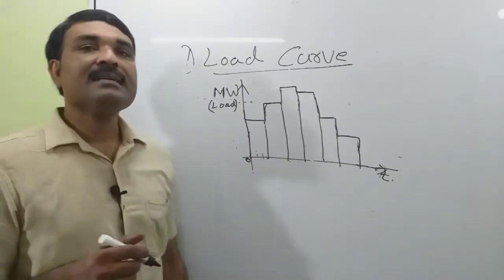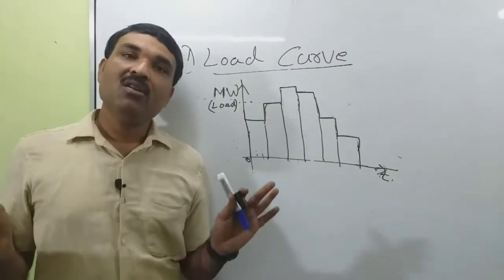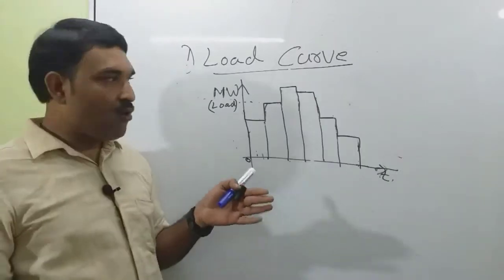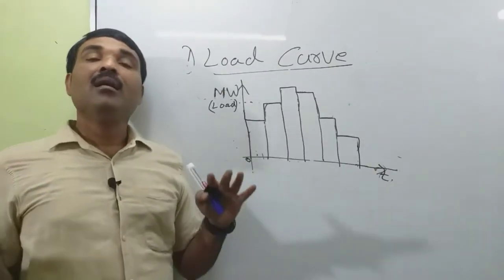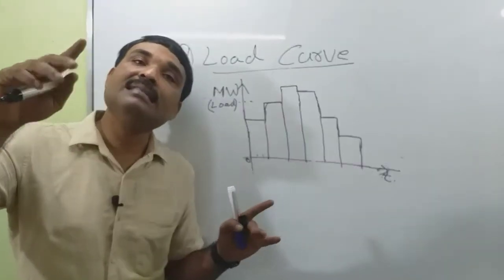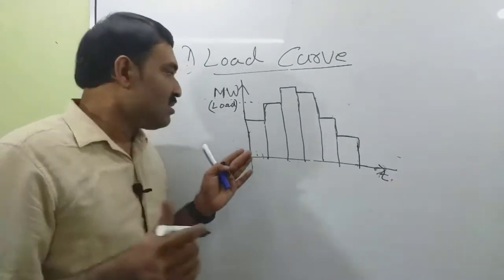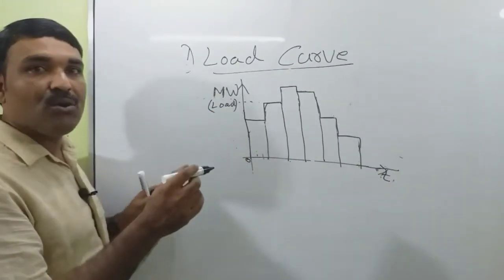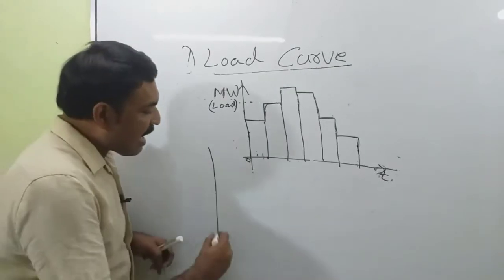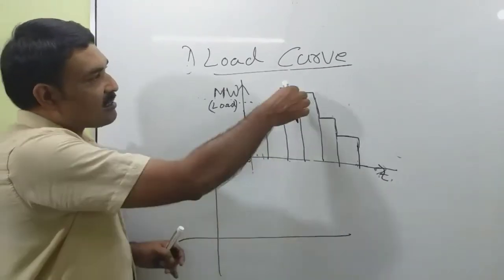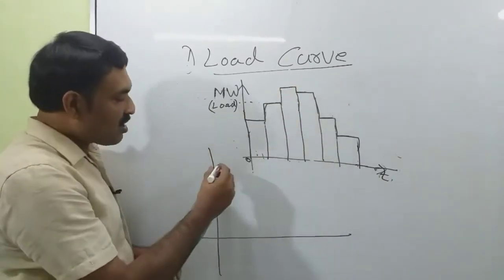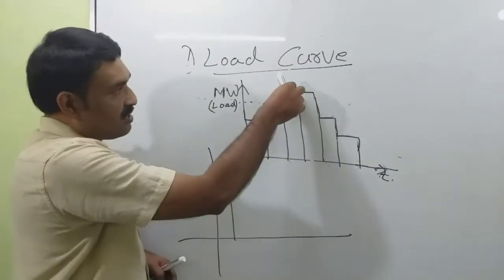Okay. Next is load duration curve. Load duration curve is a plot of load against time, but the load is arranged in a descending order. So we can draw the load duration curve as, here this is the maximum load. So I am drawing this first.